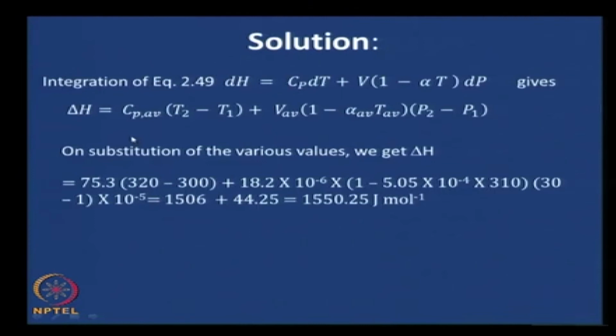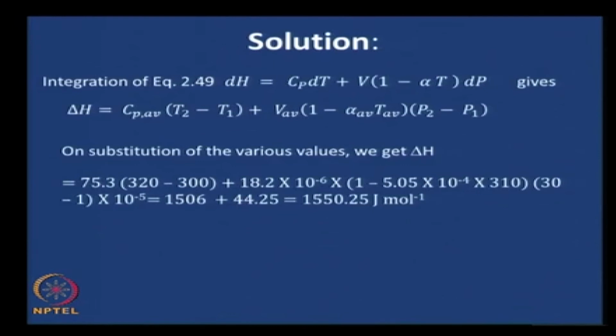It is good to note the relative contributions of these terms. Cp average T2 minus T1 is 1506, whereas V into 1 minus alpha T P2 minus P1 is only 44.25. It is good to keep noting these relative contributions to be able to make quick estimates which are also reasonably close to what we require.